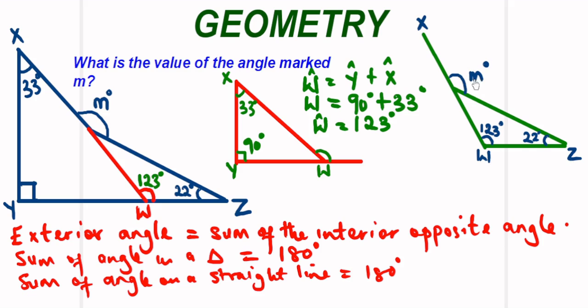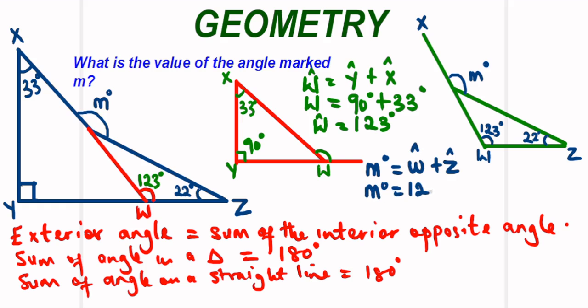This angle M is the exterior angle of this shape, and the interior angles are W and Z. So recall, exterior angle is equal to the sum of the interior opposite angles. This angle M is equal to the sum of angle W and angle Z. Now let's solve this. M degrees is equal to W plus Z. What is W?